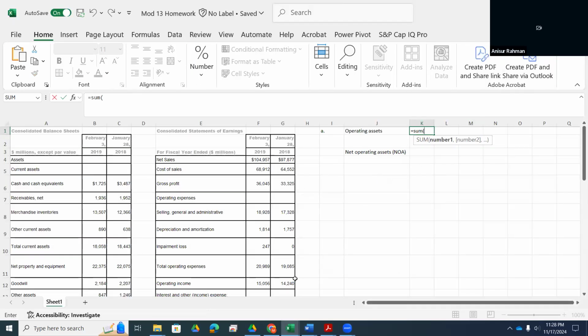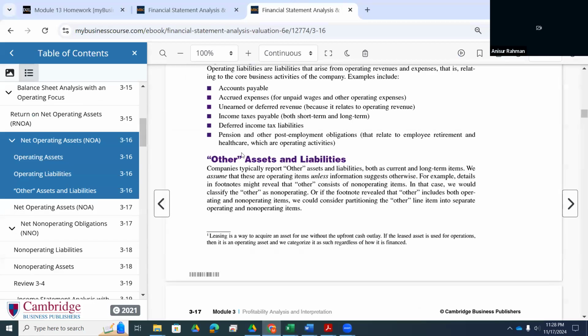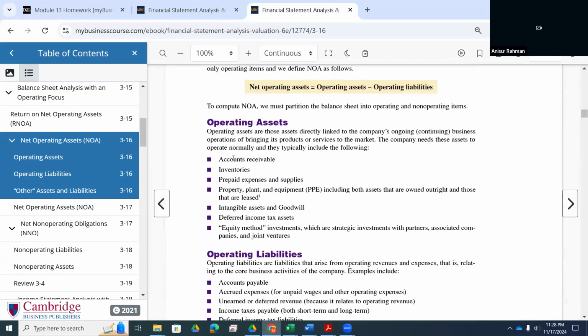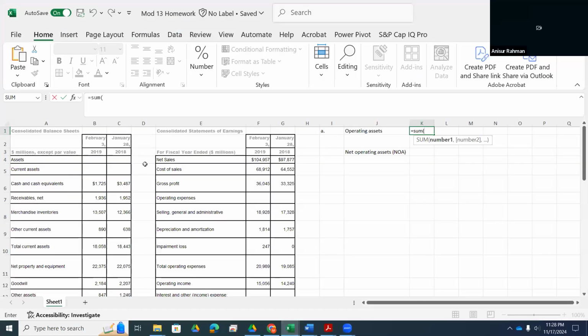Operating assets, again, are accounts receivable, inventories, prepaid expenses, and so on. First of all, I have to go to the balance sheet. Receivables, so this is one under 2019. I'll enter a comma.